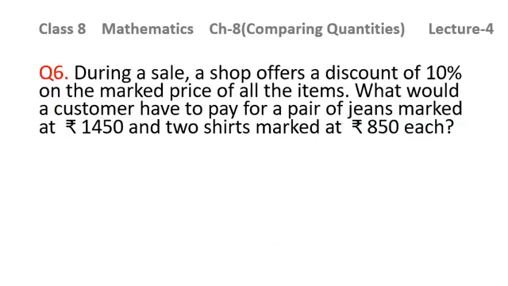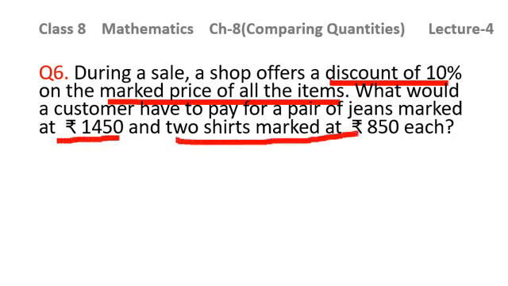During a sale, a shop offers a discount. This is a question of discount of 10% on the marked price of all the items. What would a customer have to pay for a pair of jeans marked at rupees 1450 and two shirts marked at rupees 850 each?